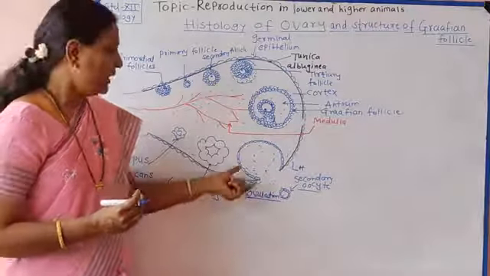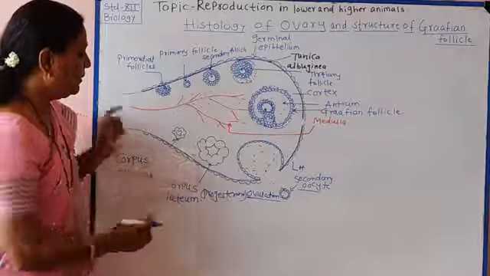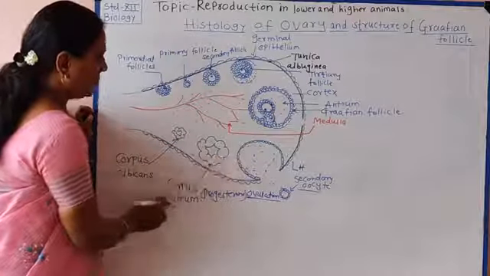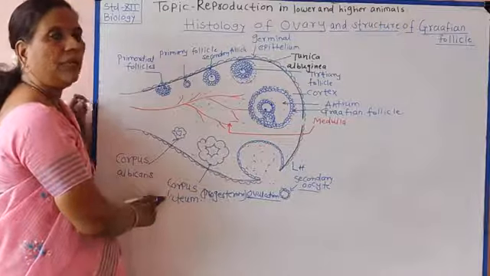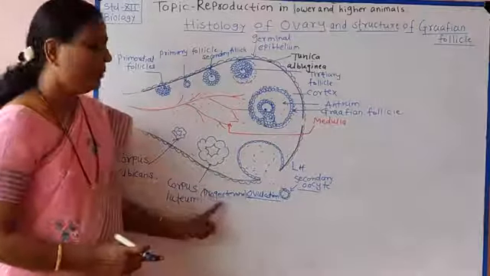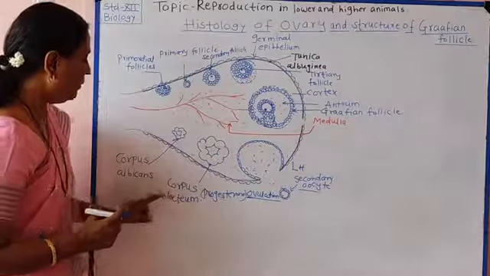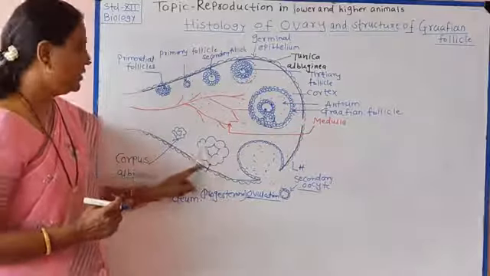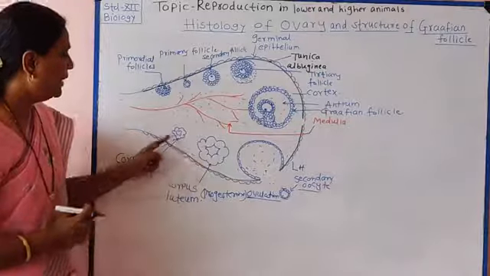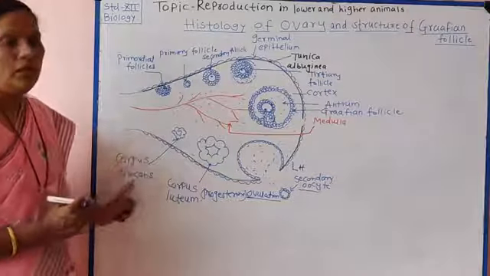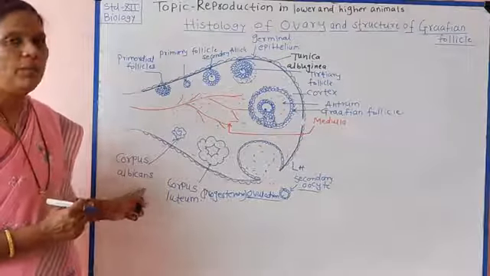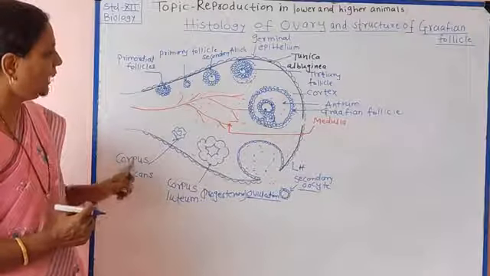If such a fertilization takes place, the empty Graafian follicle, which is called the corpus luteum, starts secreting the hormone progesterone for the maintenance of pregnancy. And if there is no fertilization, the empty Graafian follicle degenerates into the white body called the corpus albicans. Okay.